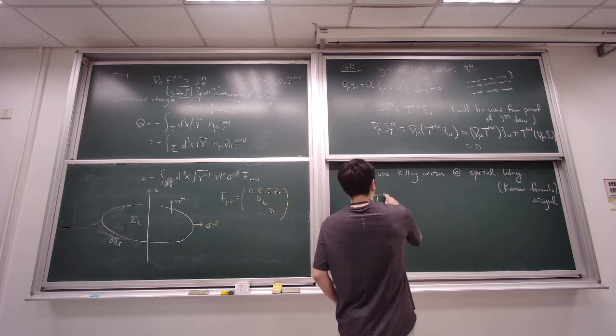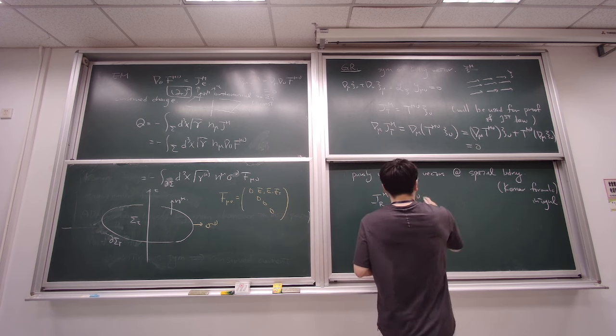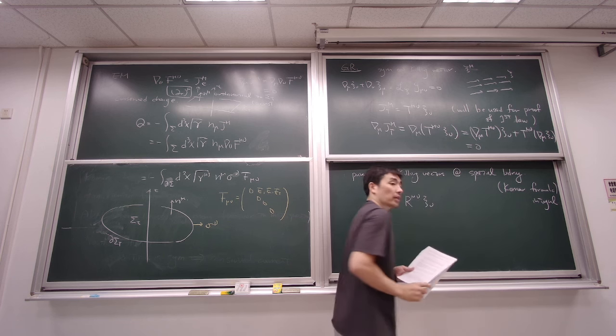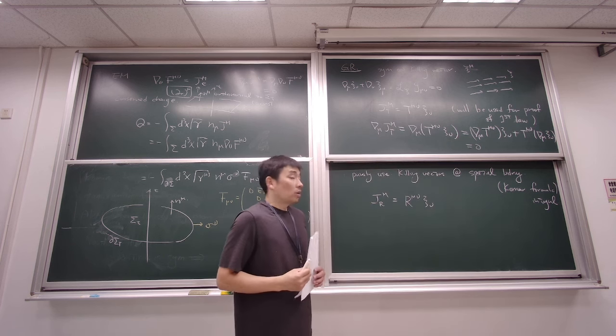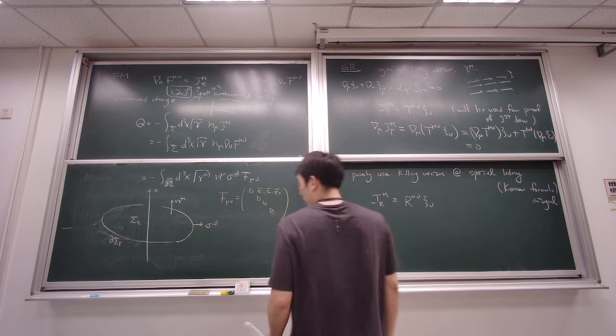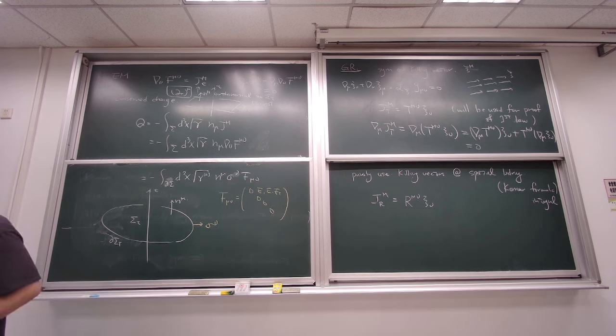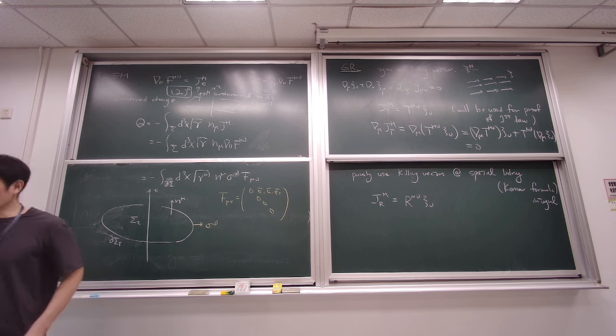I could introduce another current, which is the contraction of R_μν and X^ν, like this way. So I will introduce another current like this way, and then there is a Killing vector. So there is an important formula for Killing vectors.